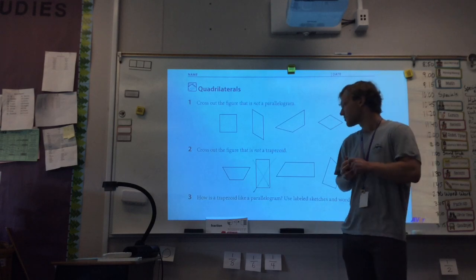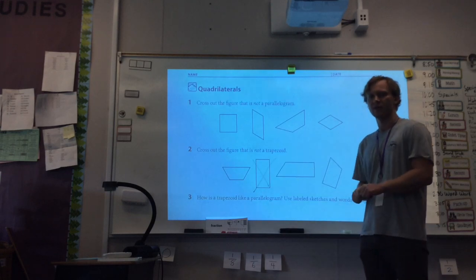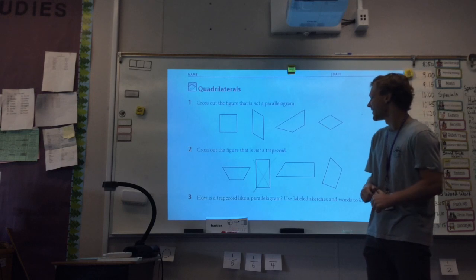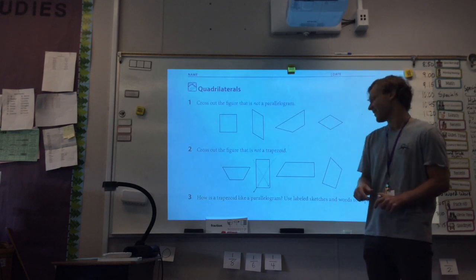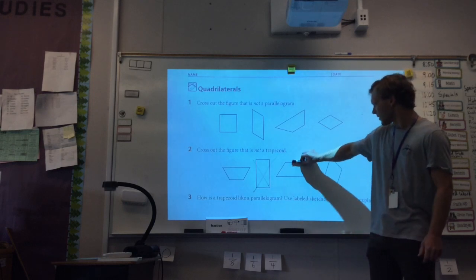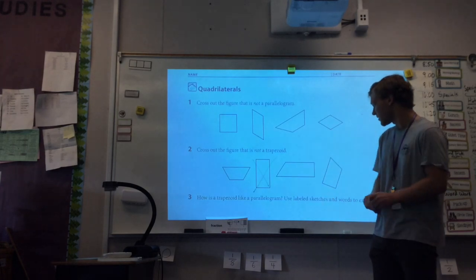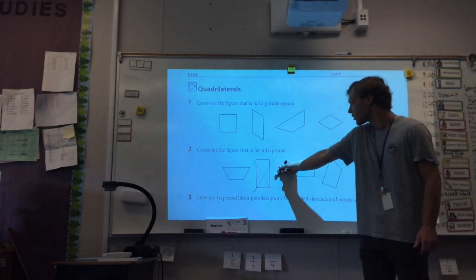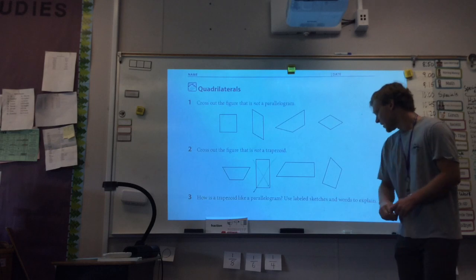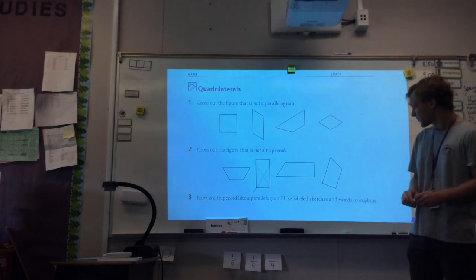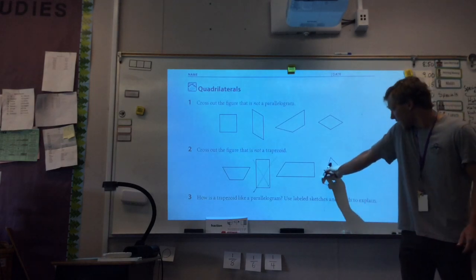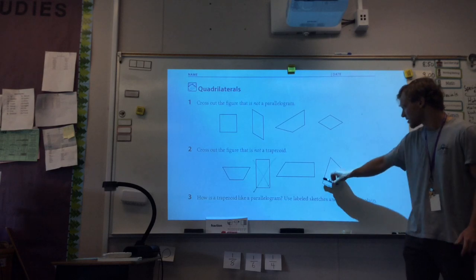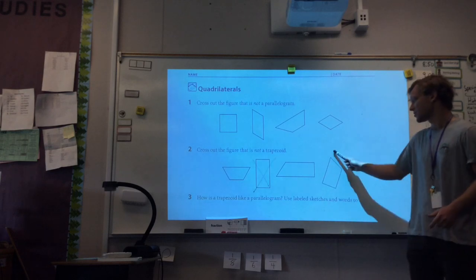But let's look at the other 2 and make sure that they are trapezoids. A quadrilateral with only 1 pair of parallel sides. So we can see that has 1 pair of parallel sides because these 2 lines would cross or intersect. And we can look at our final figure here. It has 1 pair of parallel sides, and these 2 would intersect, making it a trapezoid.